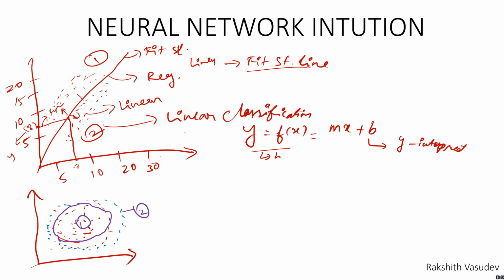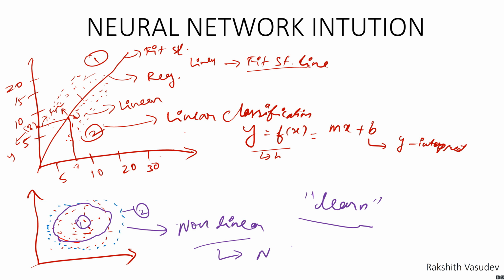This is definitely not linear; it is non-linear. If my points are non-linear, then my neural network has to be able to learn them. And the way we introduce non-linearity in our neural network is by using these activation functions.